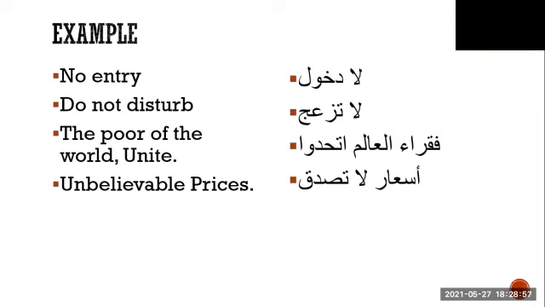Okay. In the first two examples, this is a request that you're not allowed to use this gate, no entry, and please do not disturb. ممنوع الإزعاج. نرجو عدم الإزعاج أو نرجو الهدوء.